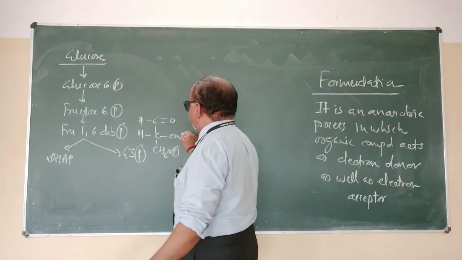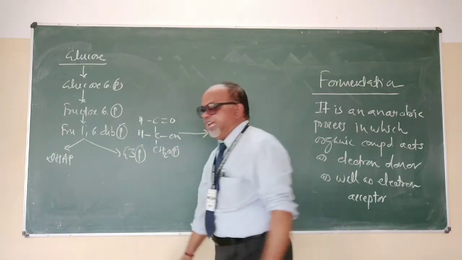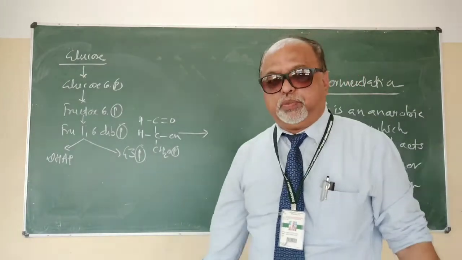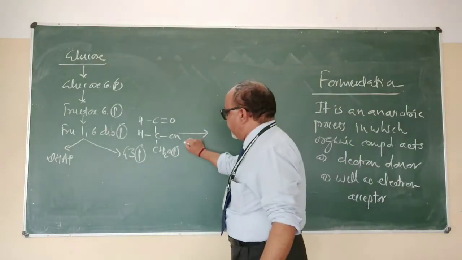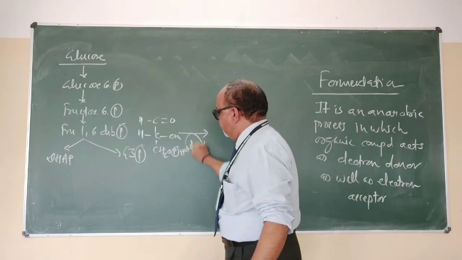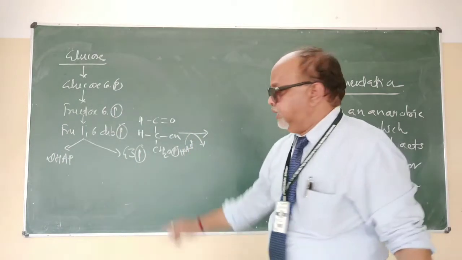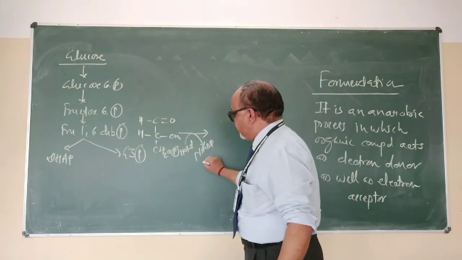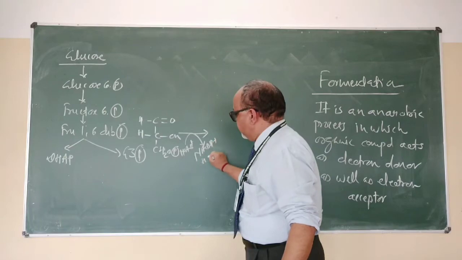In the subsequent reaction, oxidation of glyceraldehyde 3-phosphate occurs. During the reaction, NAD plus, which is oxidized NAD, removes two hydrogen atoms and becomes NADH plus H plus.